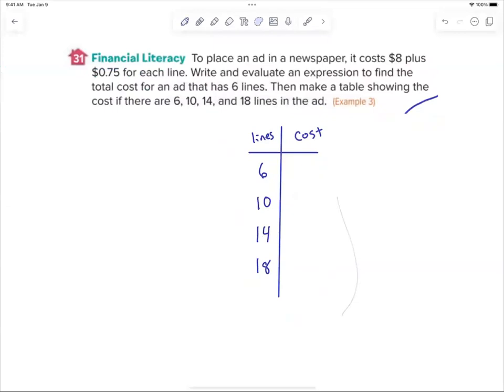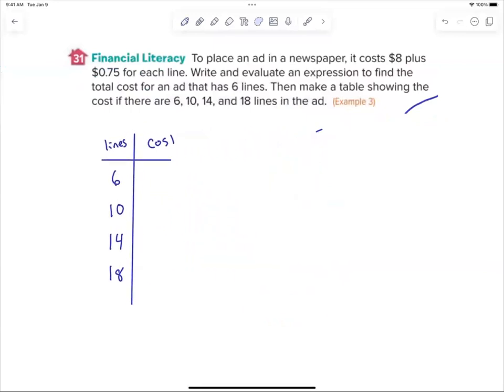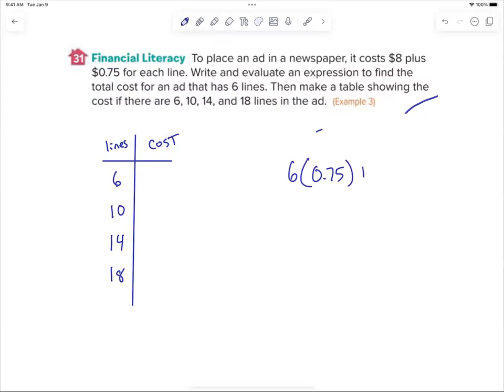So you have to do 6 times 0.75, yes, very good. And then add 8.